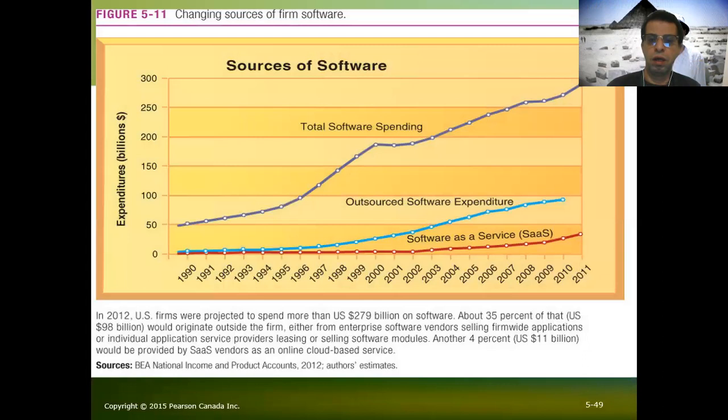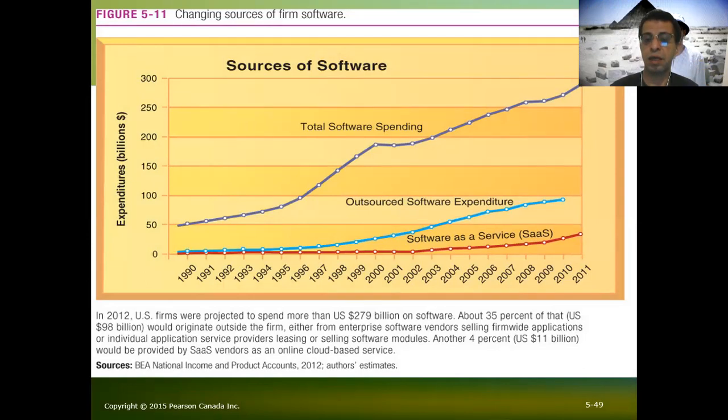Overall, talking about sources of software and spending, expenditure in 2011 was around $300 billion.